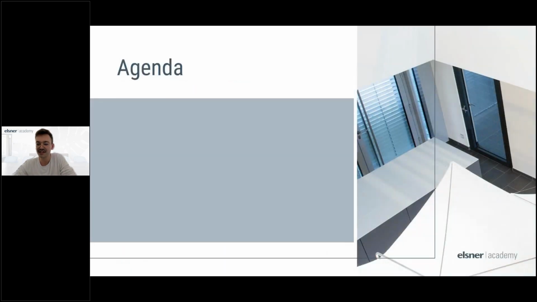Let's have a look at the agenda. First up, we're gonna start with the optimal room temperature. Next up, we're gonna discuss the principle of individual room control. After that, we're gonna have a look at different control types. There's the 2-point and continuous controller and the PI control. Afterwards, you will know what all this means.